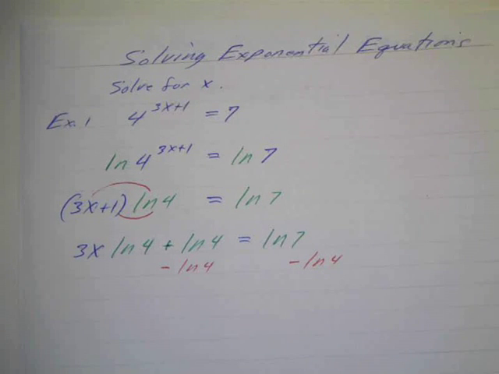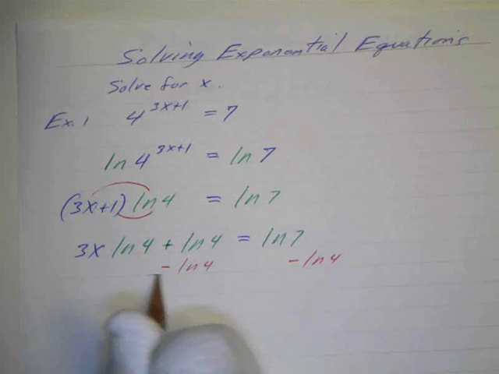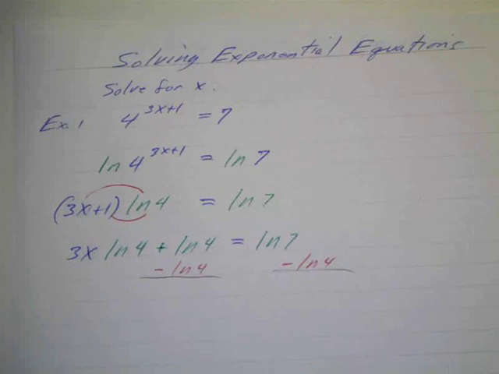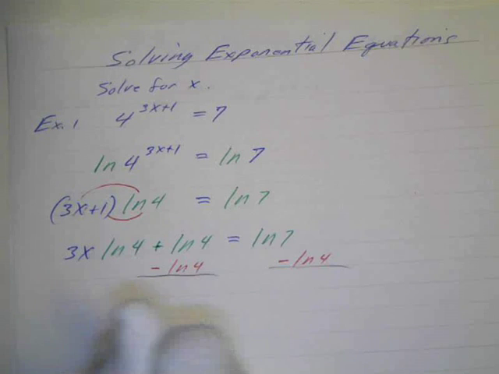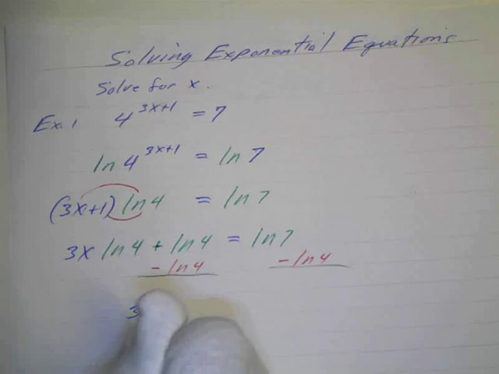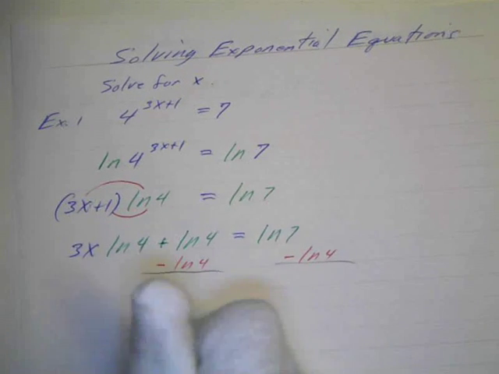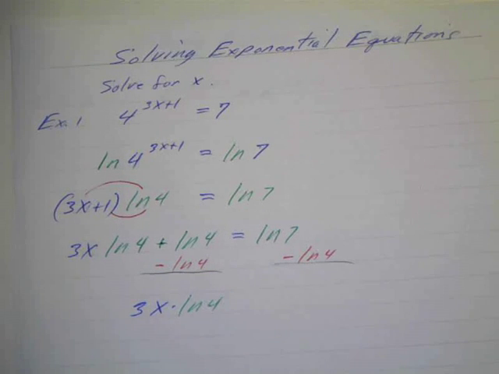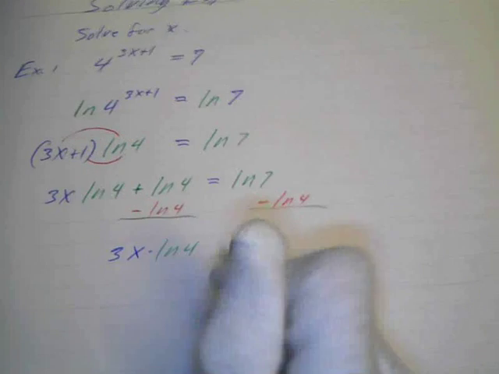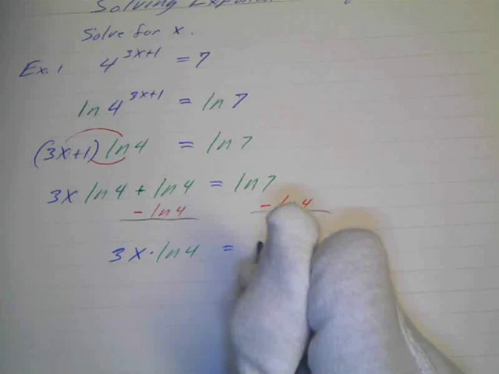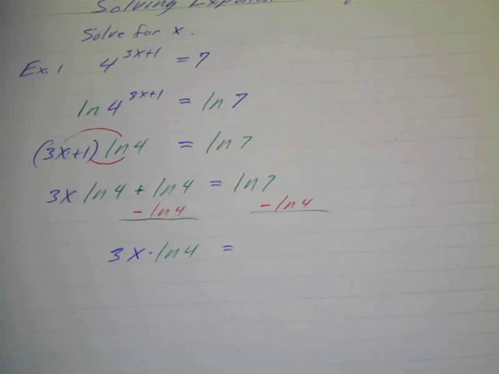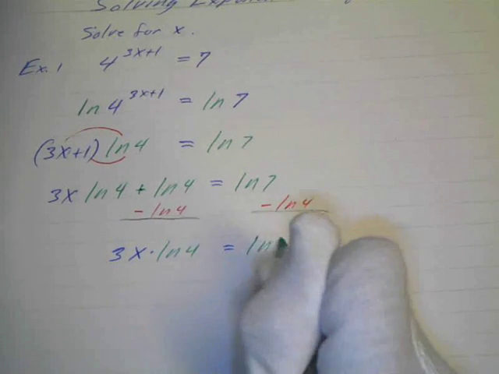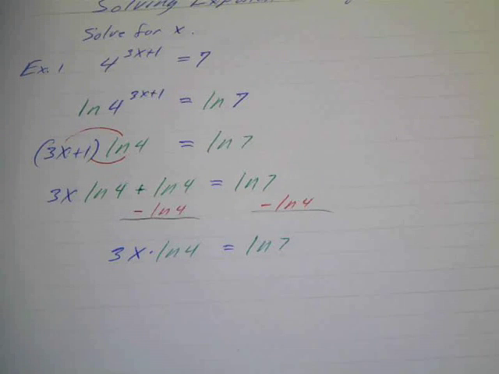On the left side it becomes easier: I've got 3x times the natural log of 4. And on the right side of the equation, I have the natural log of 7 minus the natural log of 4.